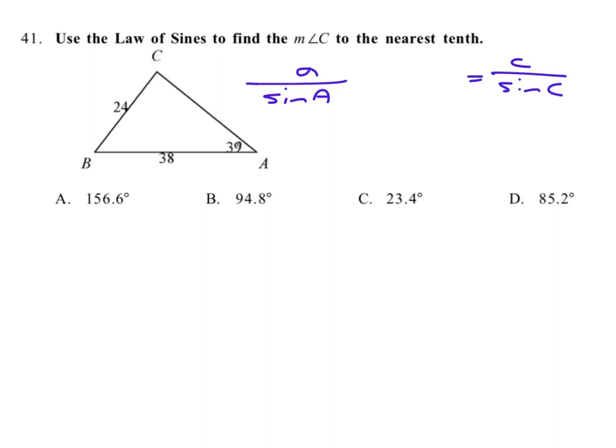So let's write it out. What is A? Side A is 24 over the sine of angle A, and angle A is 39 degrees, equals side C, 38, divided by the sine of angle C. And we do the picnic table method.